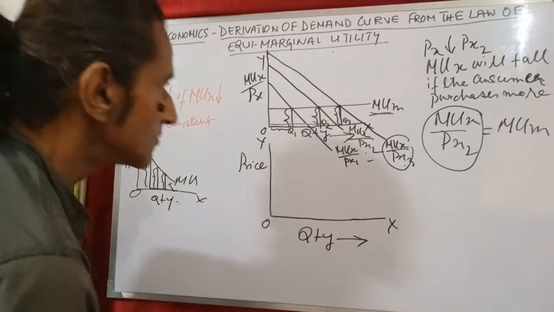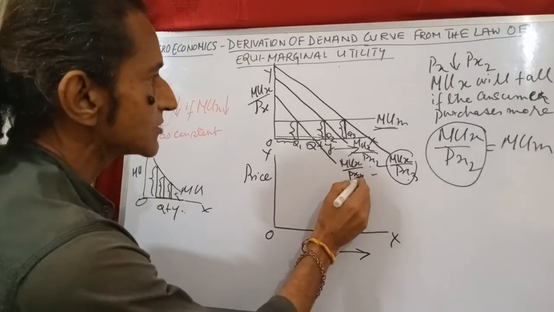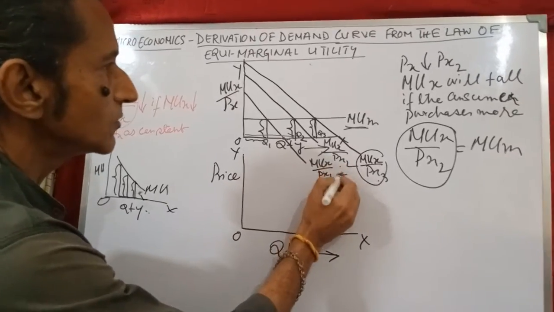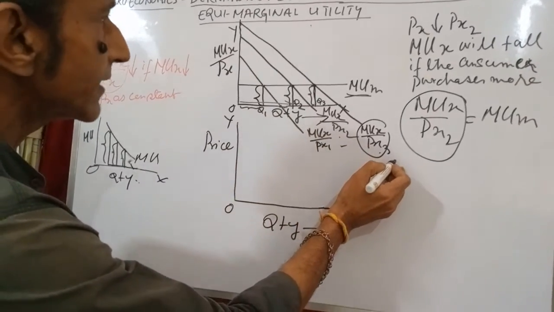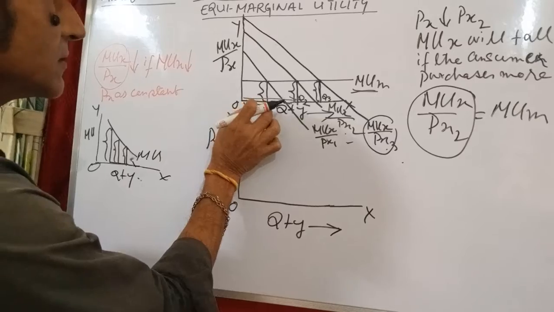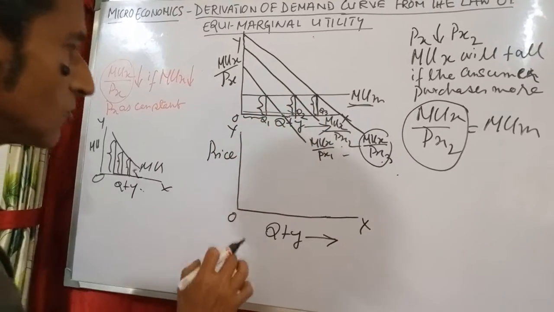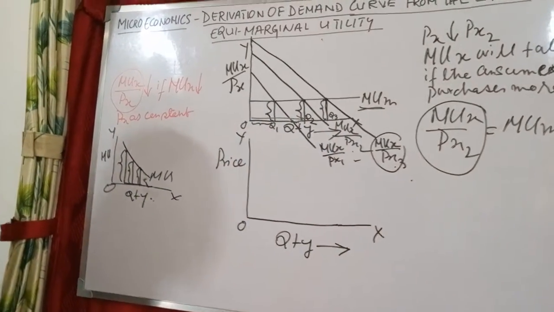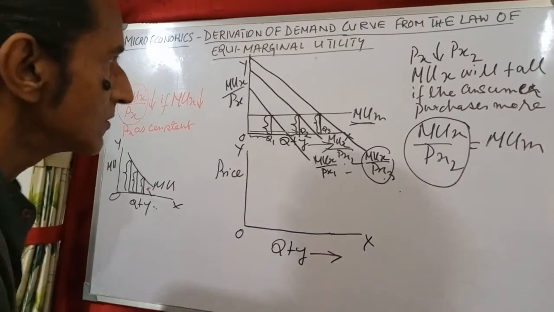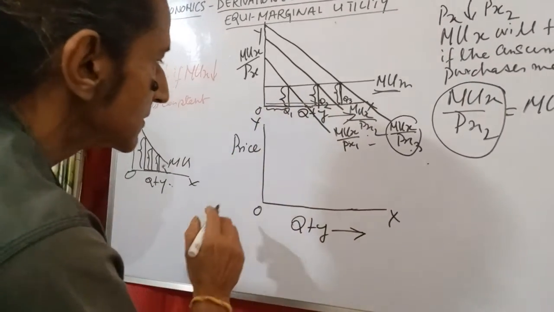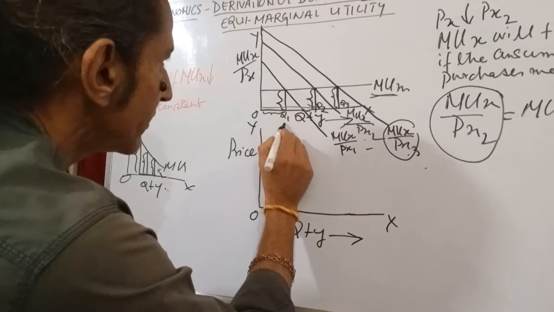So these two things, that is Px1, Px2, Px3 on one hand and Q1, Q2 and Q3 on the other hand, we can draw the demand curve out here. So when price is Px1, the consumer is consuming OQ1 units.